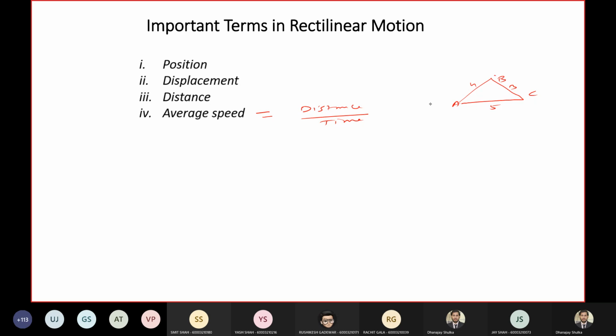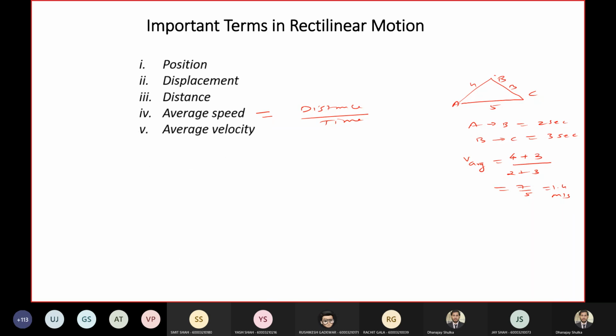Let's say a particle takes 2 seconds to move from A to B, and B to C it takes 3 seconds. Can you tell me the average speed? The total distance 4 plus 3 by the time interval 2 plus 3, that is 7 by 5, that is 1.4 meter per second.